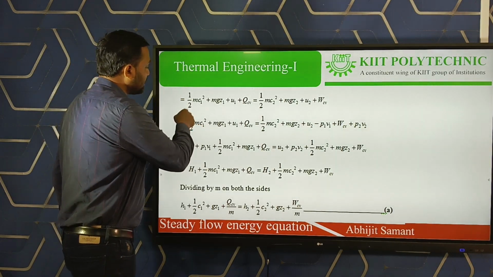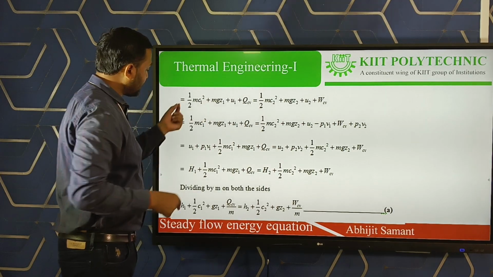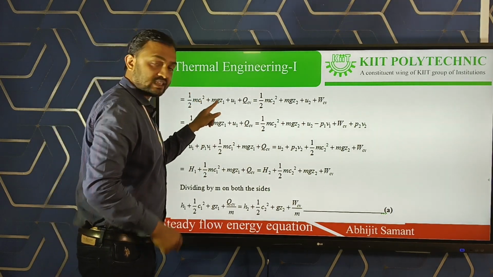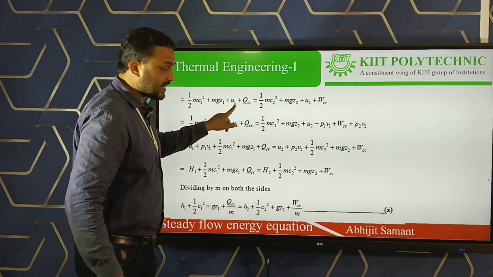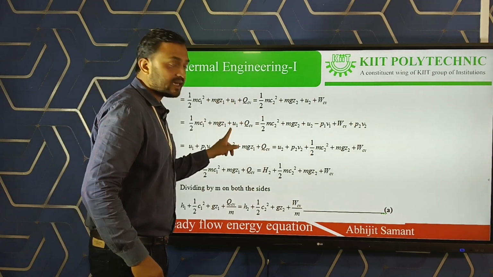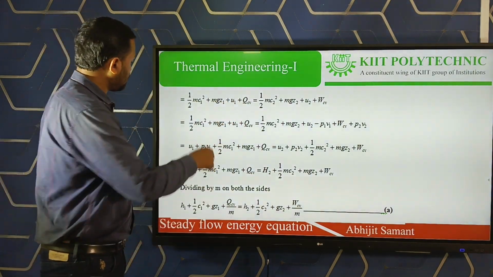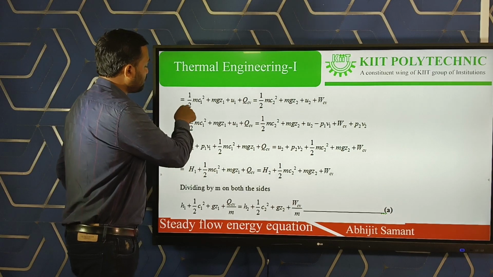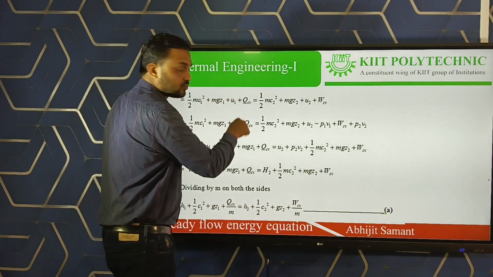So at the inlet, half m C1 square is the kinetic energy, and mg Z1 is the potential energy, plus U1 the internal energy, and the heat added to the system to do some external work. So in case of inlet, that is half m C1 square plus mg Z1 plus U1 plus QCV.